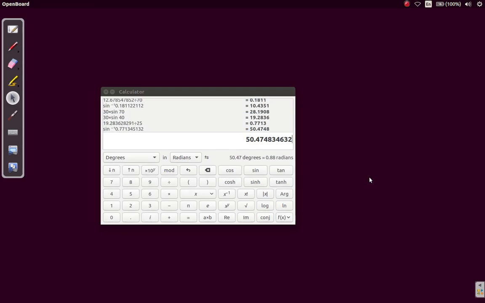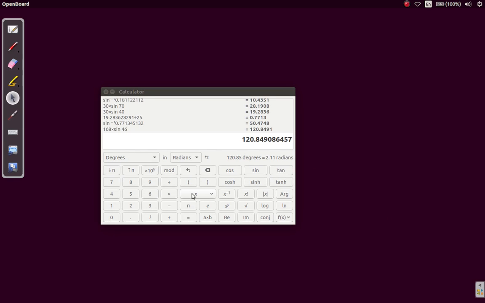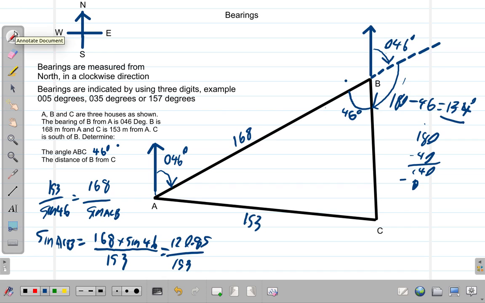So 168 times the sine of 46 equals 120.85. We put that over 153, so that divided by 153 equals 0.7898 something. Call it 0.79.